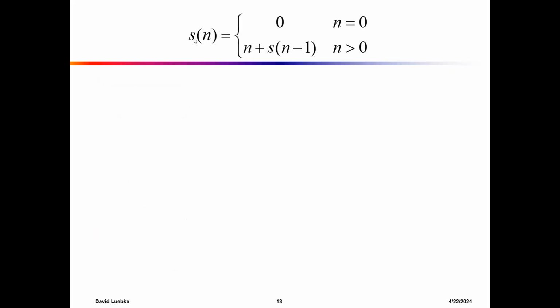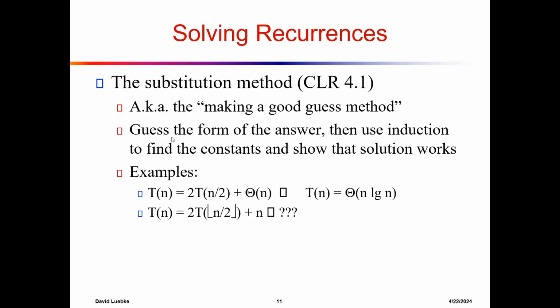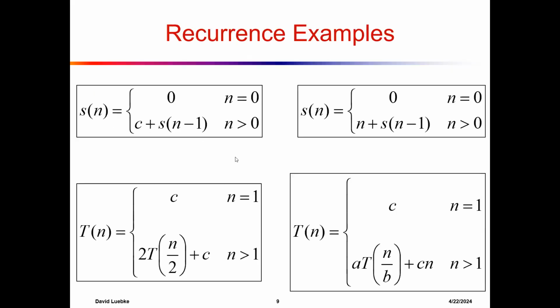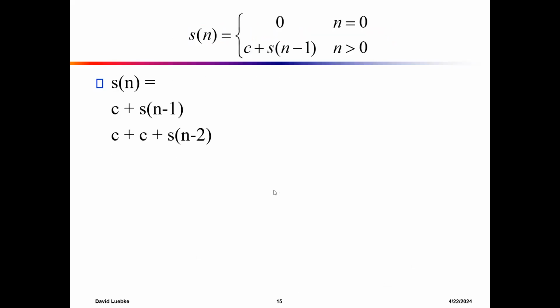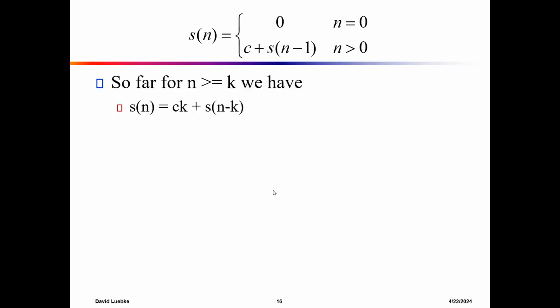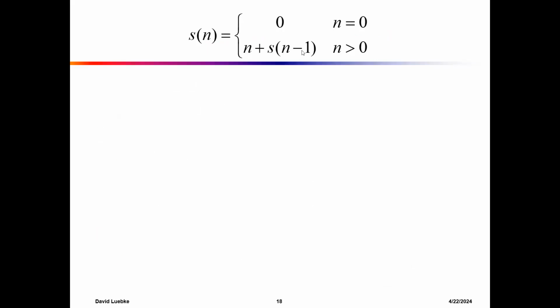Here's another example. Remember the other one in the beginning, we had 4 examples. So this is the one we just looked at, and now we're looking at this one: n plus S of n minus 1. So we start with S of n is equal to n plus S of n minus 1.